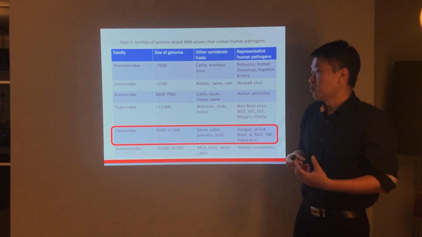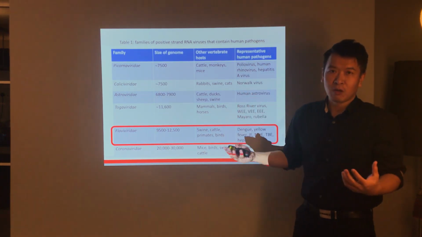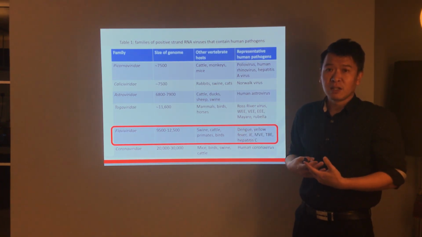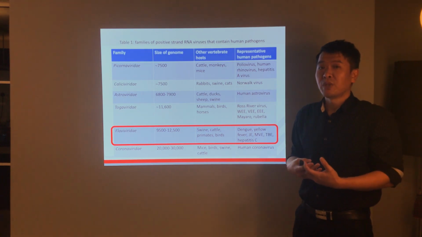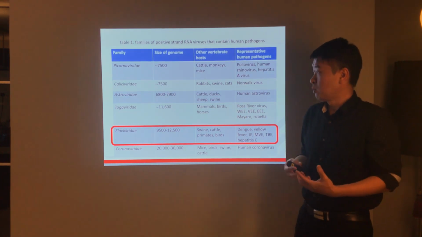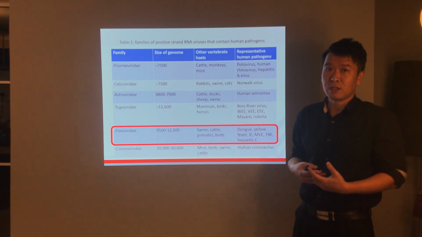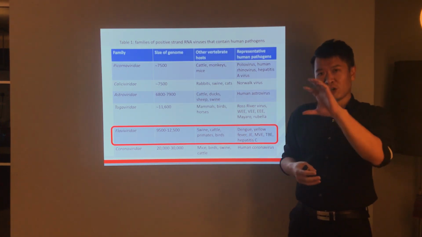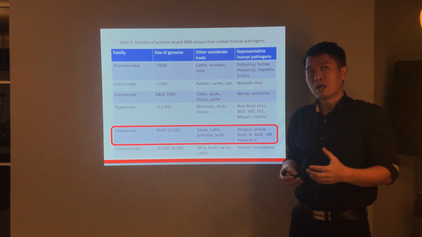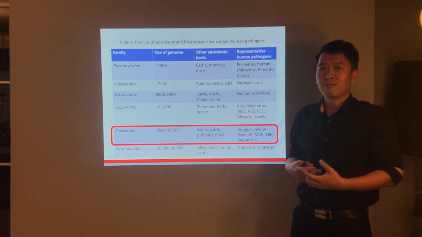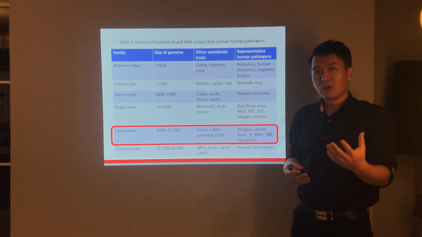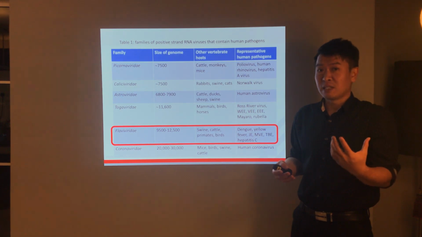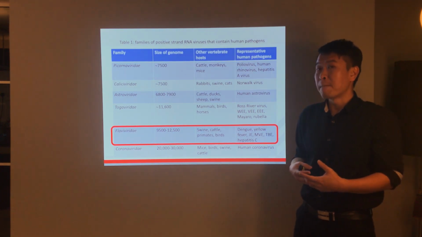I'm sure everyone is wondering, why don't we talk about coronavirus? Well, dengue virus is one of the viruses that cause dengue around the world, and in fact it is a very, very important disease, especially in tropical countries. In 2005 we only had 500,000 cases, and now in 2019, as of last year, the cases have increased to 4.7 million.